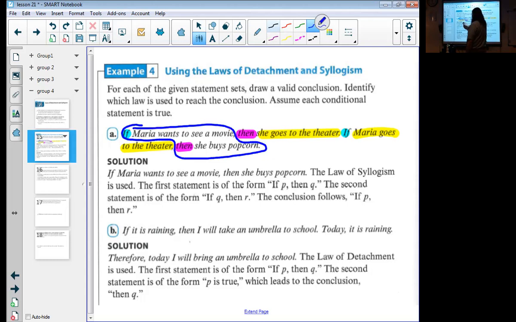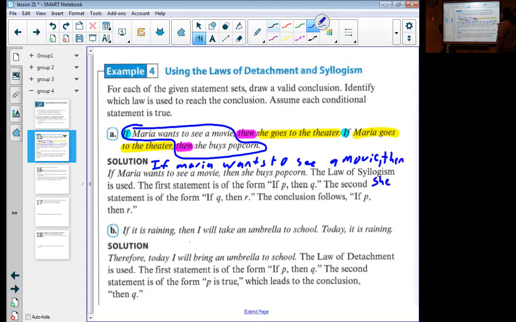If Maria wants to see a movie, then she buys popcorn. Oops, and I said what it was, but we forgot to put syllogism.